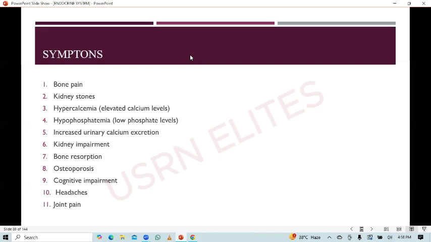Now, when the parathyroid gland produces more of the parathyroid hormone, it means that the amount of calcium that will be drawn from the bone into the blood will increase, because now the hormone is produced in excess.